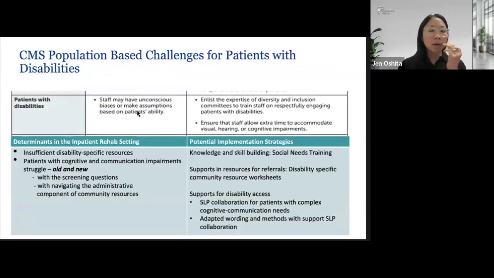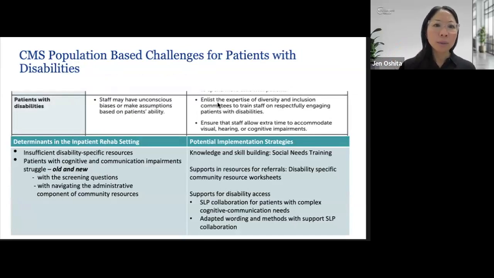And the CMS guidance said that staff may have unconscious biases or make assumptions based on patients' ability. And again, remember that a lot of the social needs literature out there right now is based on primary care setting as well as the acute care setting, but really little has been done in the rehab setting.